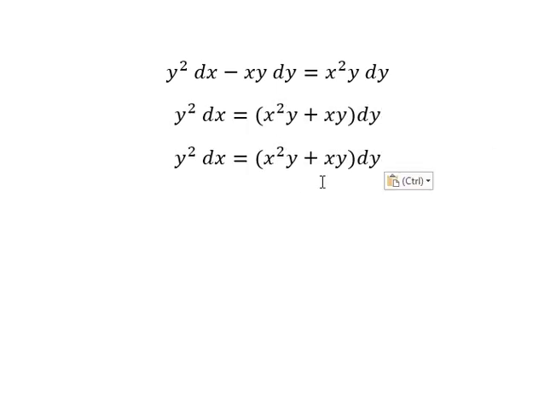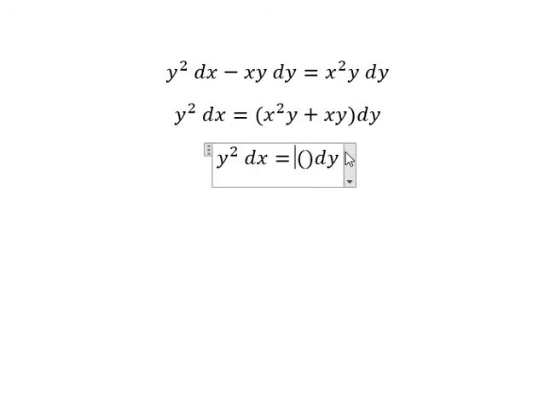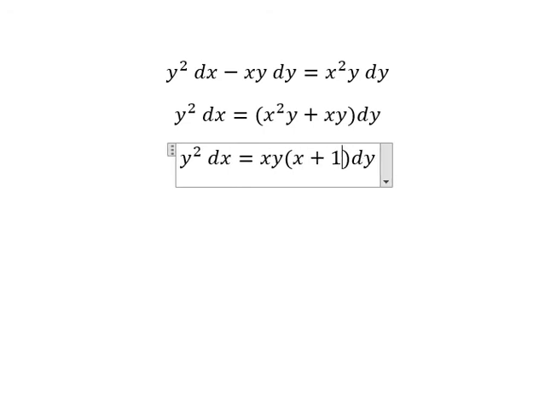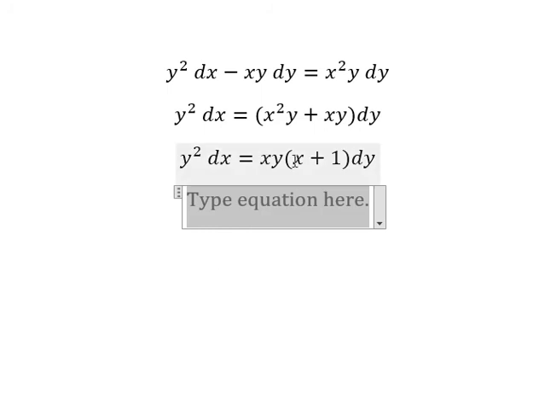Next, we can do factorization by s and y. Next, we divide both sides by s plus 1 and y squared.